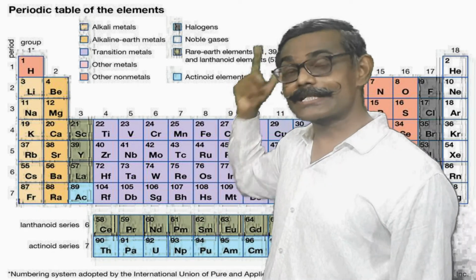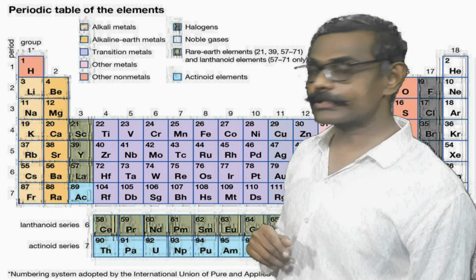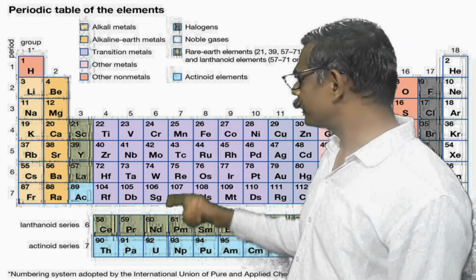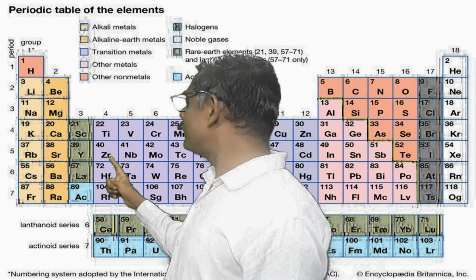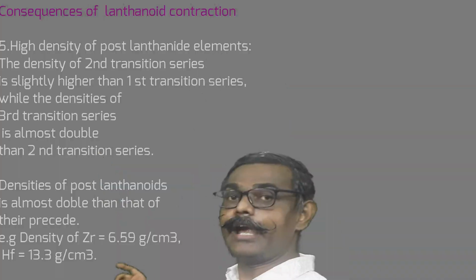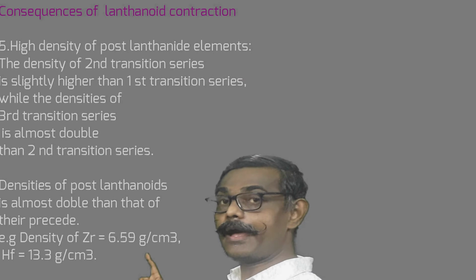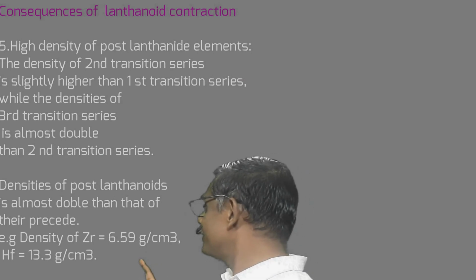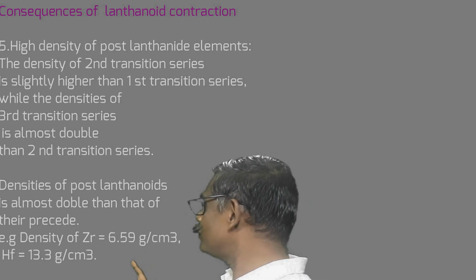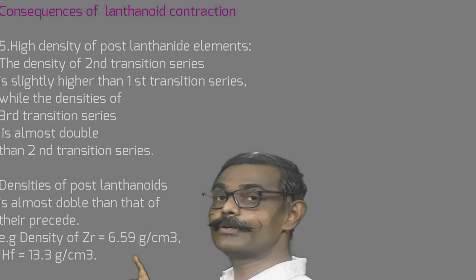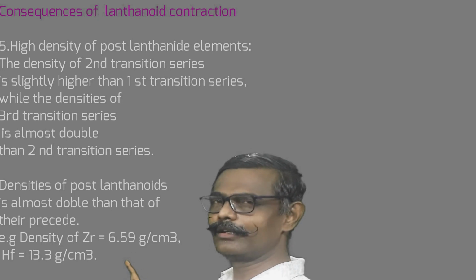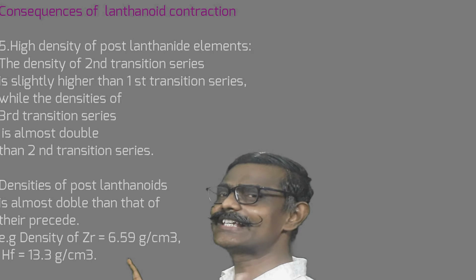In the first point, zirconium and hafnium that we discussed, that example only I take here. See, after yttrium, the element is zirconium, and zirconium has a density of 6.59 gram per cubic centimeter, means almost you can consider 6.5.